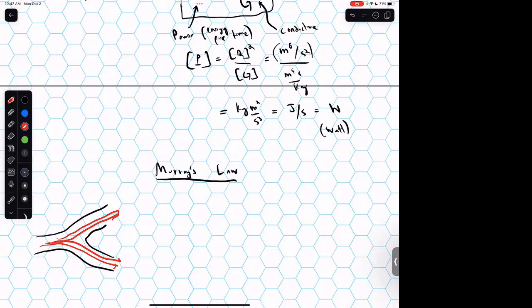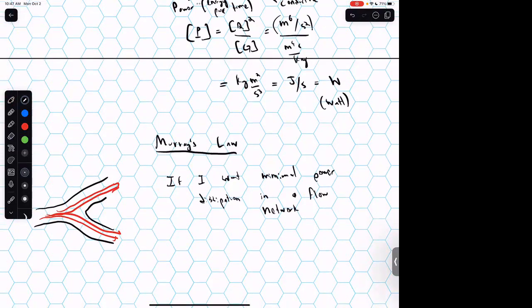Murray's law says that if I want minimal power dissipation in a flow network, then I need to satisfy the following condition.